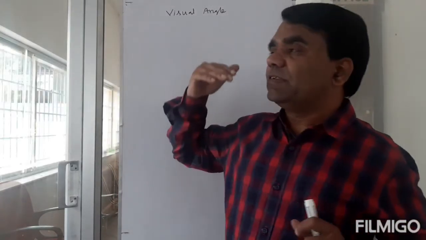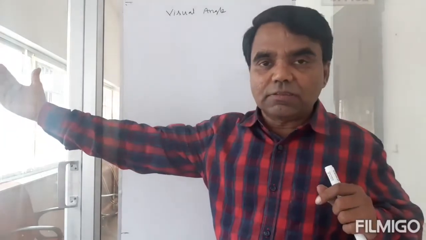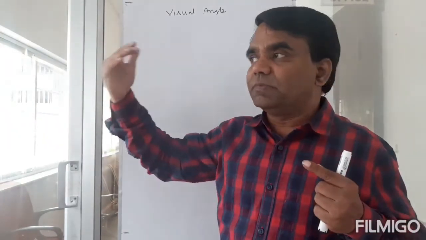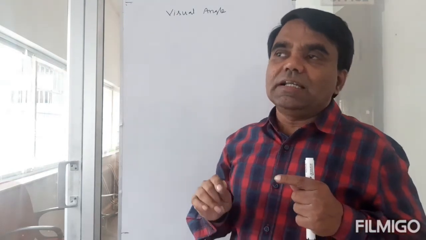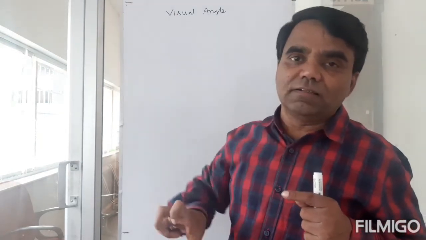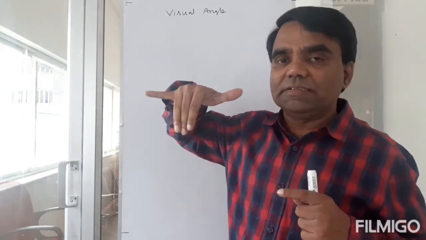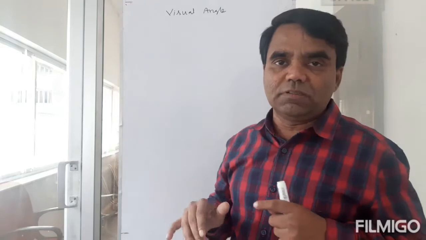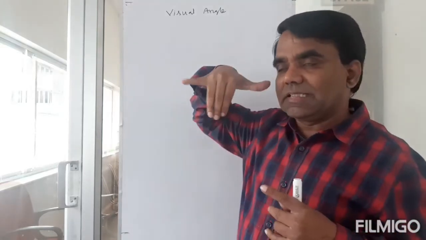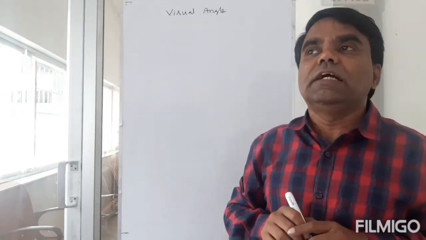So if the object is at some distance, I'll have one angle, and if the object is at some other distance, I'll have a different angle. I'll have the maximum angle when the object is at 25 centimeters from my eye. For a normal eye, that distance is 25 centimeters.